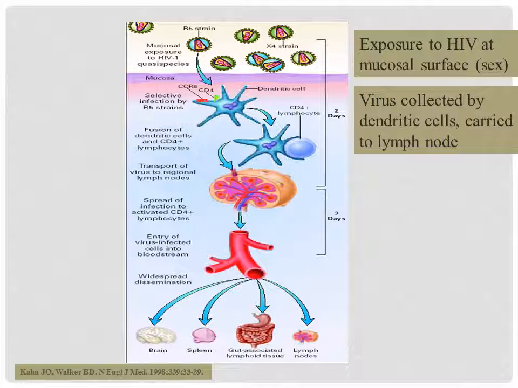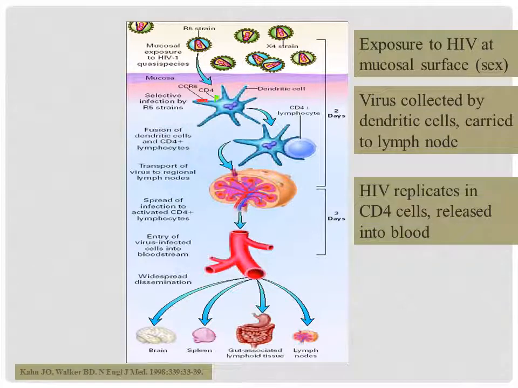The dendritic cells tend to capture the virus with their finger-like projections, eat it up like they do other particles, and then take it to the lymph node.